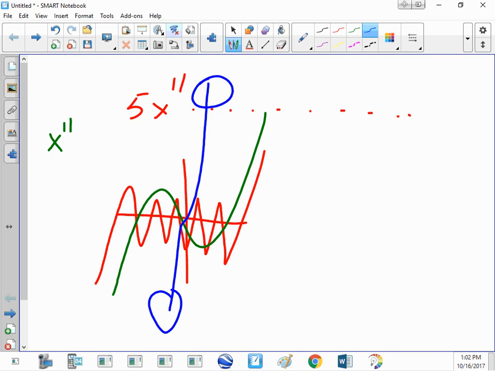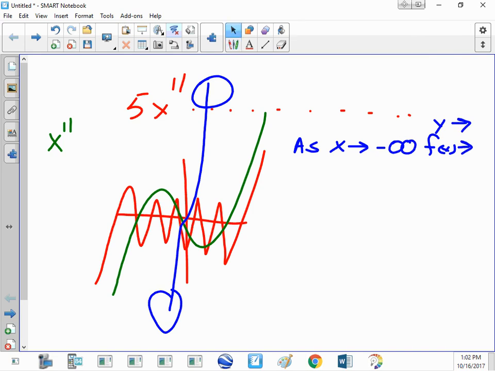Where does it start and where does it end? And here's how we write that. We say, as x approaches negative infinity, then f of x, or in some cases they put y, approaches what?